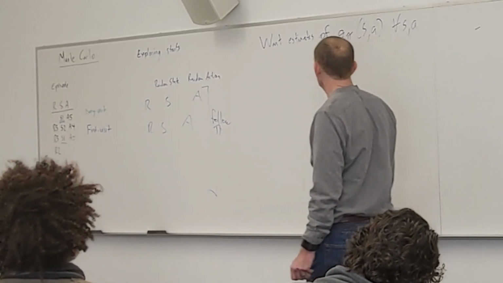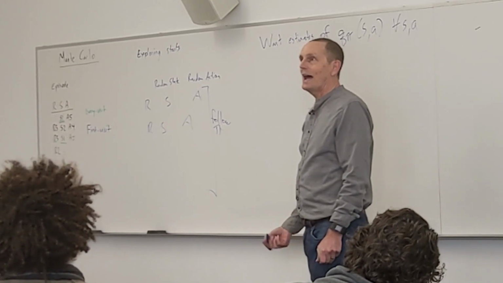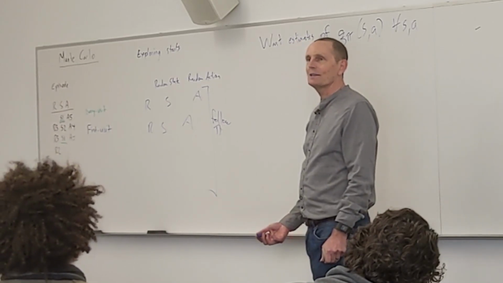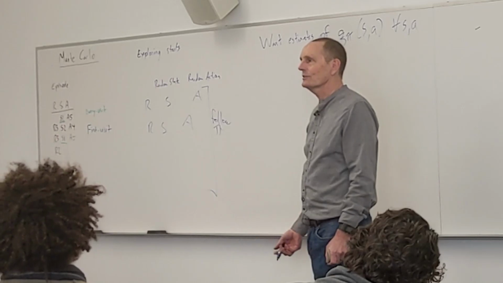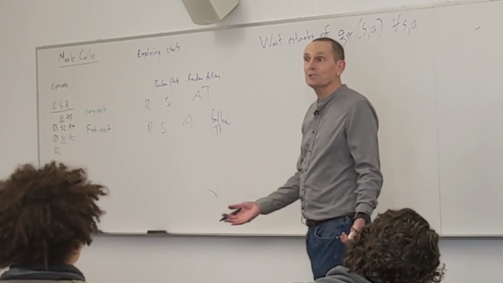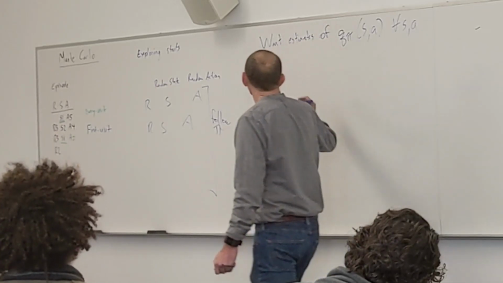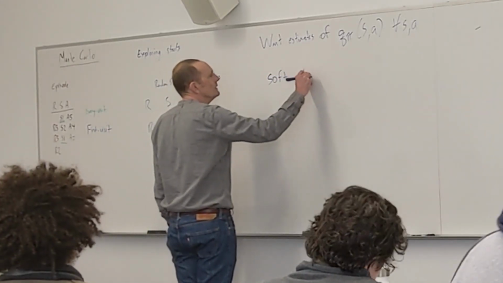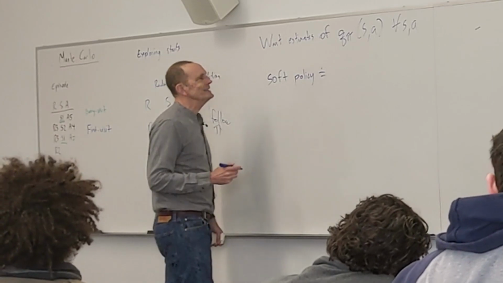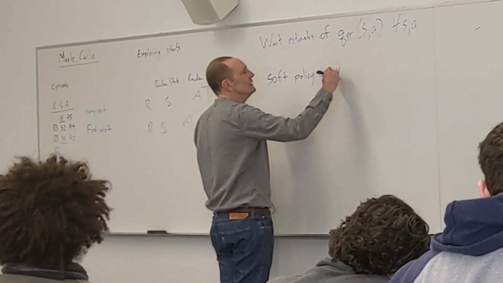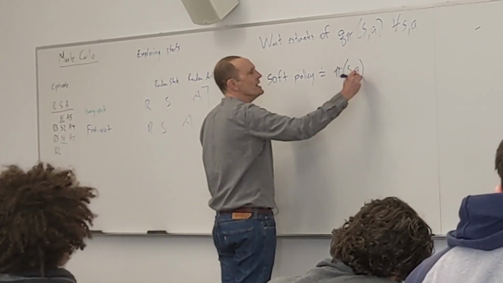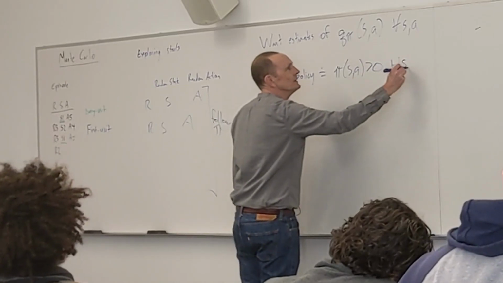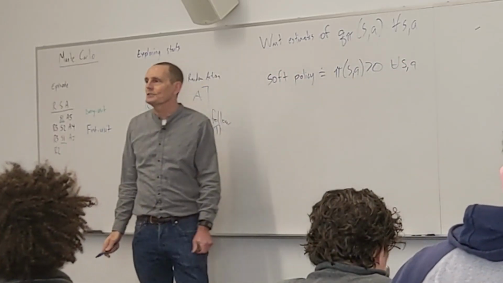But what we could do is have a policy that has a non-zero probability of taking any action. Epsilon greedy is one of those, right? So a soft policy is defined as one where pi of s comma a is greater than 0 for all states and actions.